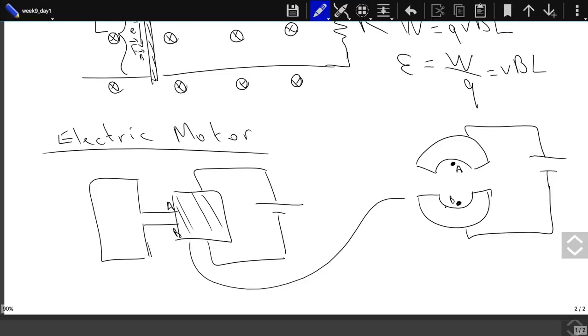As this is rotating, these points will be moving. And after half a rotation, since A and B start connecting to the opposite terminals of the battery, the current automatically changes itself. So you don't have to do anything. You just create the system. Once you connect it to a battery, this system already automatically creates this changing direction of the current running through your loop, so you have an electric motor.